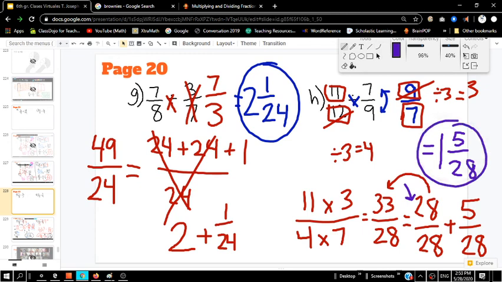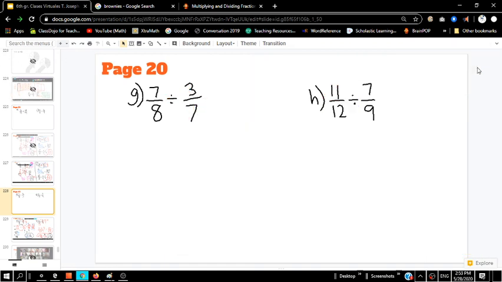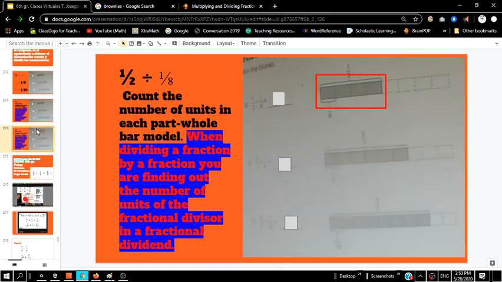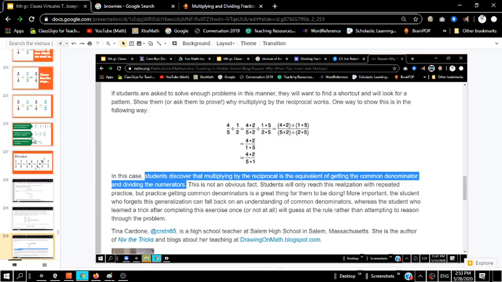Okay, hopefully you understood this topic of dividing fractions a little bit more. It is rather complicated, so I would suggest that you do some practice problems that we've done before. If you don't understand them, do them all over again. You can also go to this game that I sent in the last video.